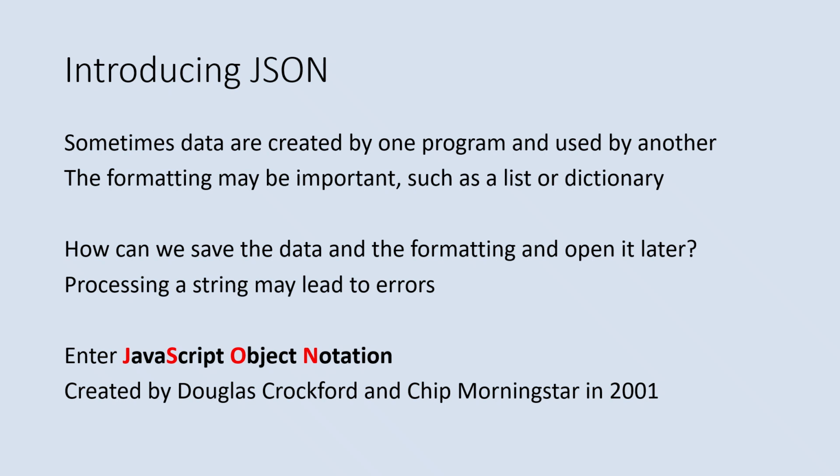There's an official statement from the organization responsible for maintaining this. They say it's JSON. Douglas Crockford, who is the primary inventor, has said that he doesn't care. He just didn't know that anyone would say it any other way, but he is perfectly happy with however you choose to pronounce this kind of file.